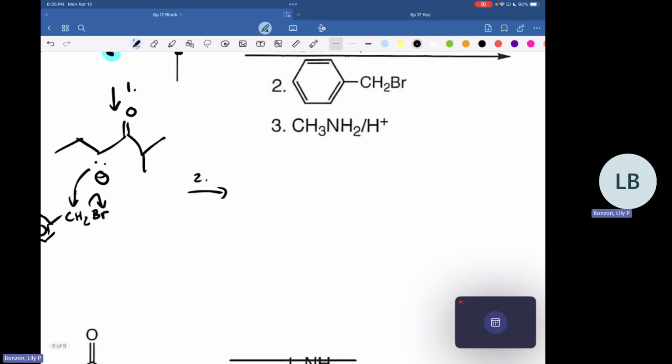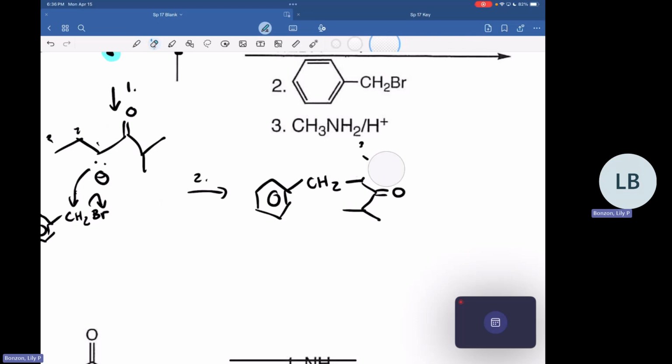Not quite, but we've got our benzene, CH2, and we've got... All right. So we just attach those two together.